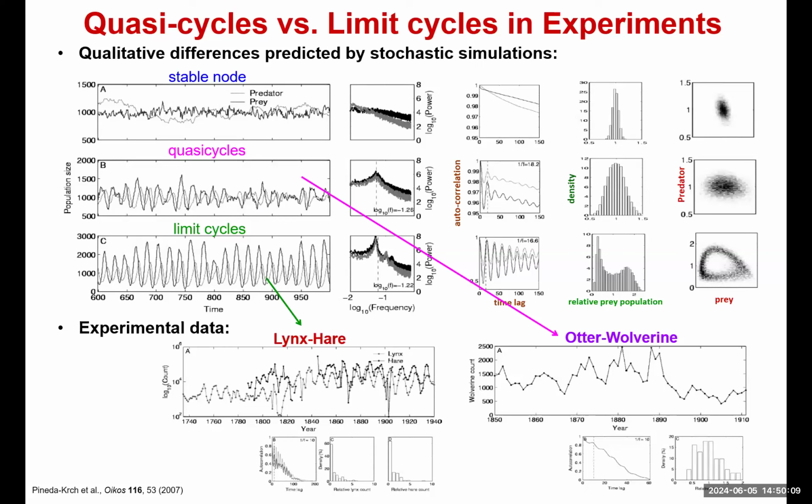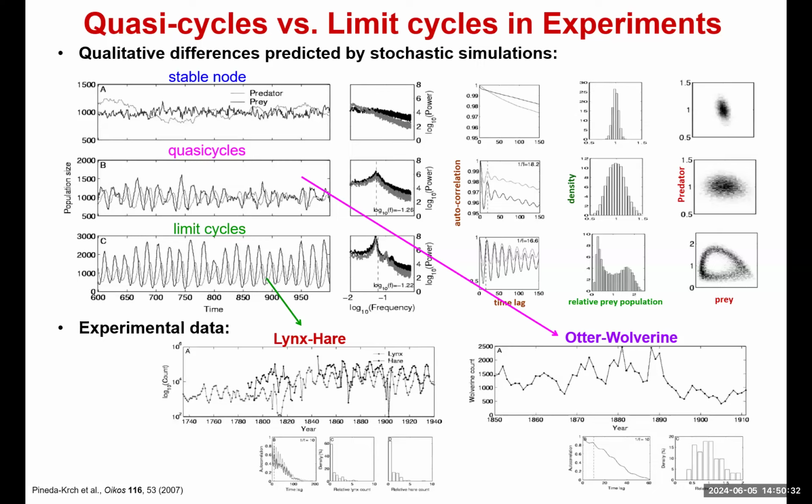And then you can look at experimental data. The things that I'm telling you about are called quasi-cycles. So these are experimental data trying to measure what the correlation functions are in time. And actually, these time series turn out to look very similar to quasi-cycles.